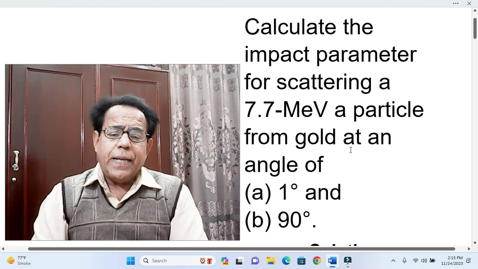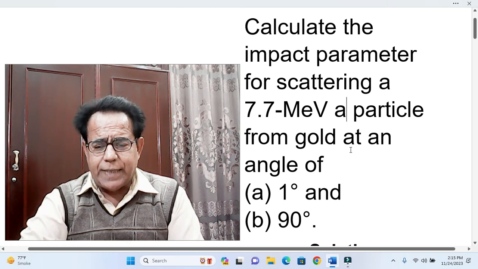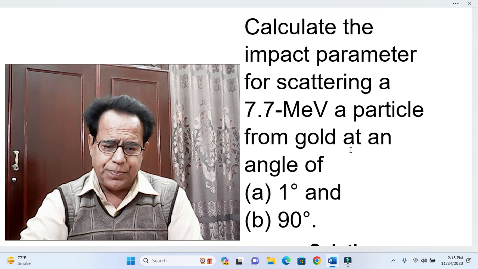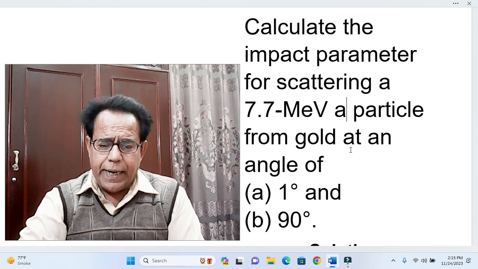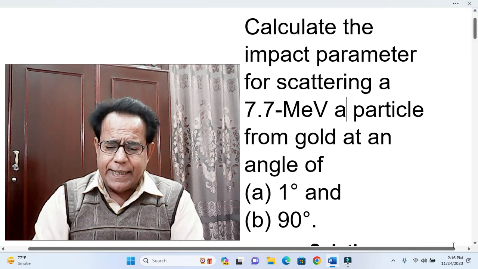Okay, calculate the impact parameter for scattering a 7.7 million electron volt alpha particle from gold at an angle of 1 degree and 90 degree.